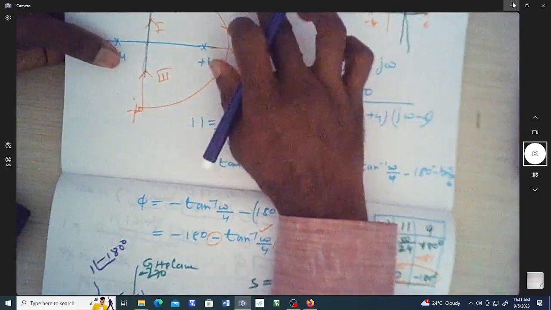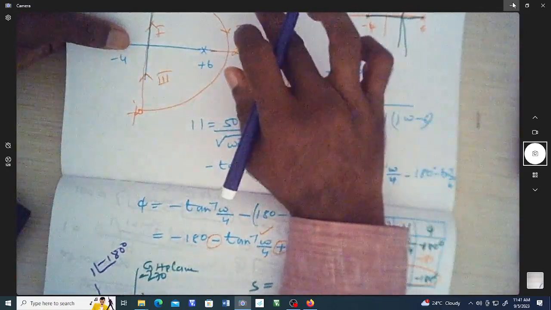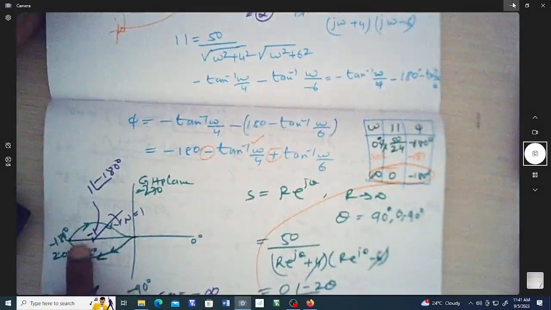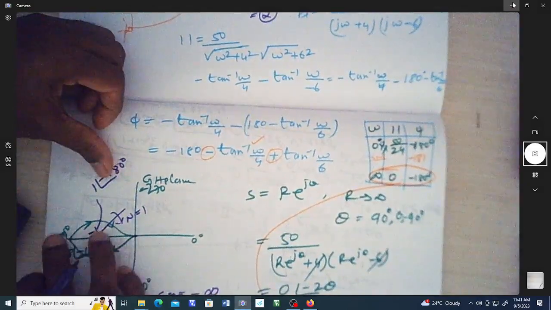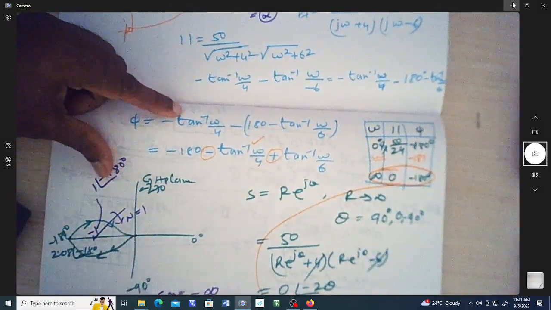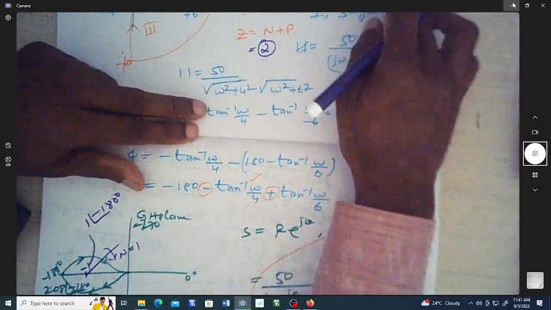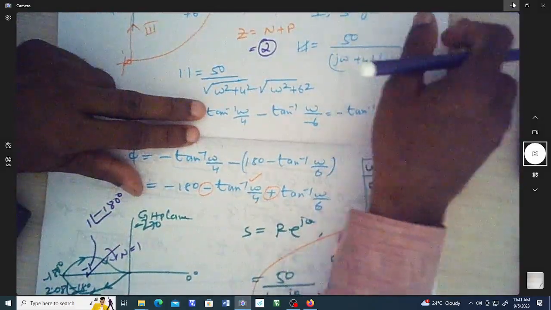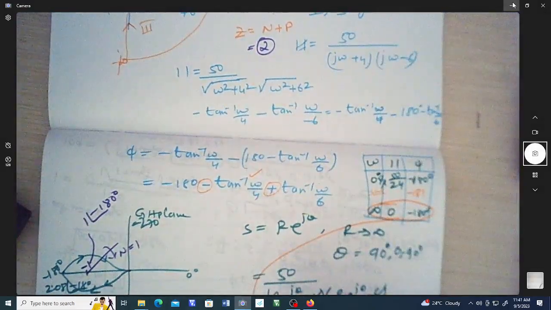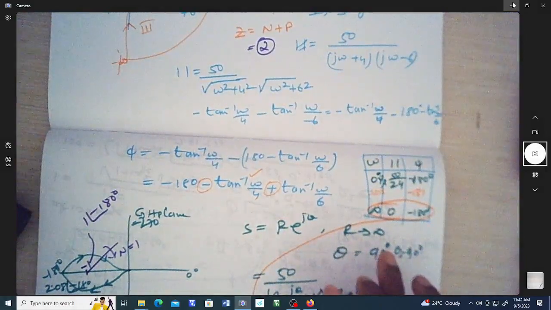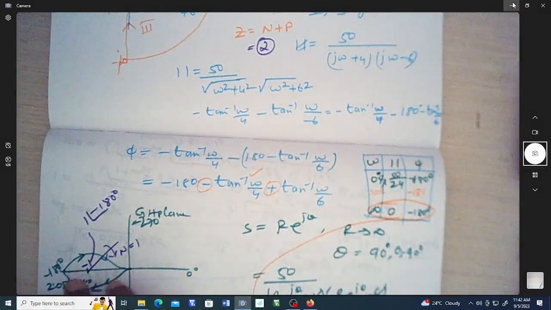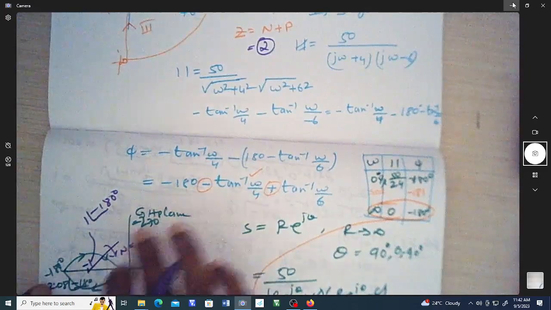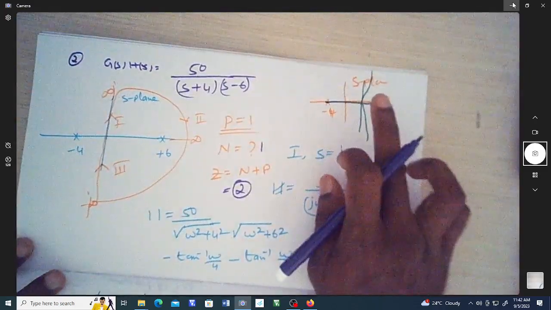Even if you make it 0, the system is still unstable. So in this case, finding the gain margin from the plot doesn't make sense, because the system is absolutely unstable. Only for conditionally stable systems can we find the gain margin from the plot. Since it is absolutely unstable, the gain margin is minus infinity.